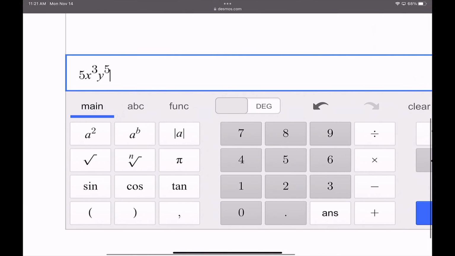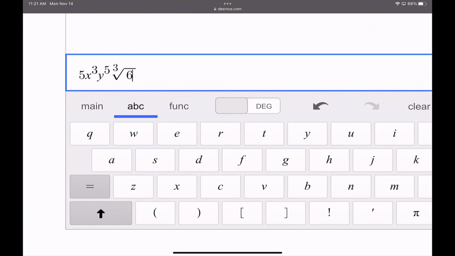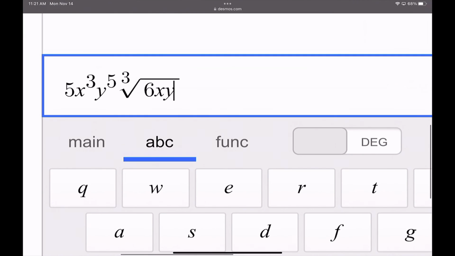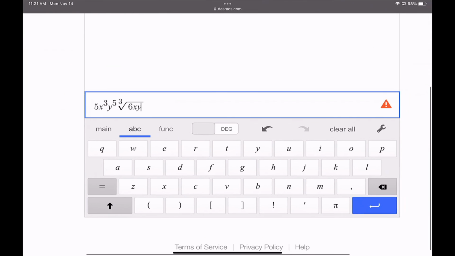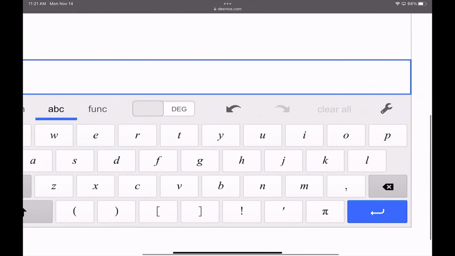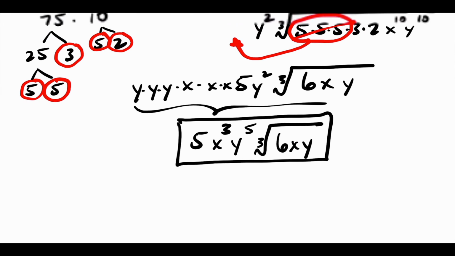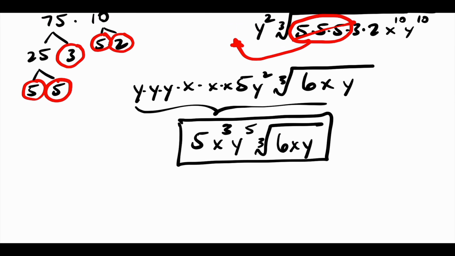And then I would use the root. Put a 3 there. And I would have a 6xy. That's how I would put it into Delta Math. You see how the 3 and the 5 sometimes could be a little confusing. Okay, so just be careful when you put it in to Delta Math, because sometimes it reads it differently than what you think you put in.